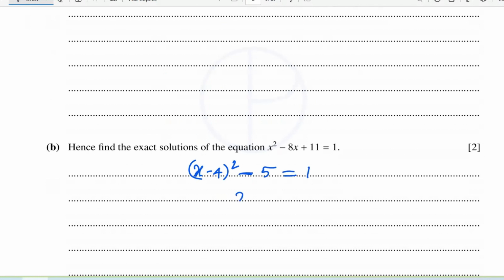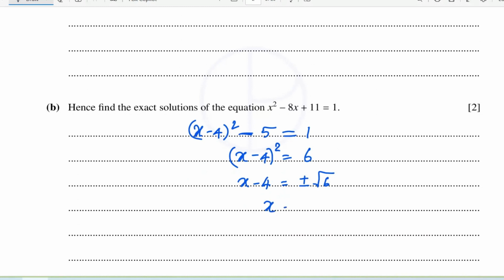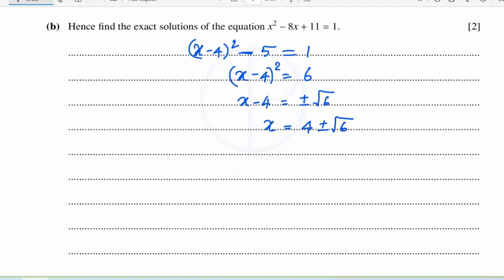This can be written as (x minus 4) the whole squared equal to 6, so x minus 4 equals plus or minus the square root of 6. Now what is x? x equals 4 plus or minus the square root of 6. So we can write x equals 4 plus square root of 6, comma, 4 minus square root of 6 are the solutions.